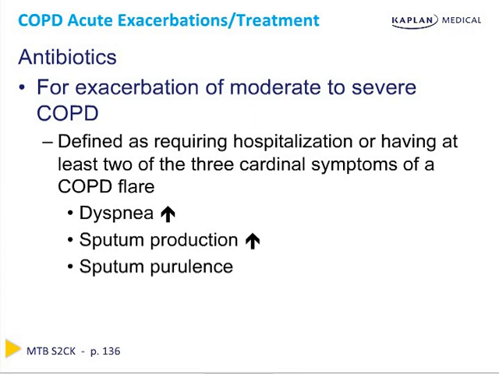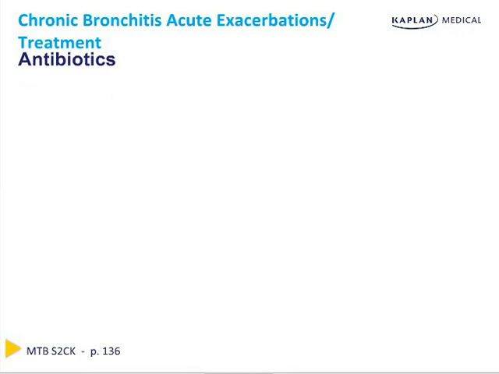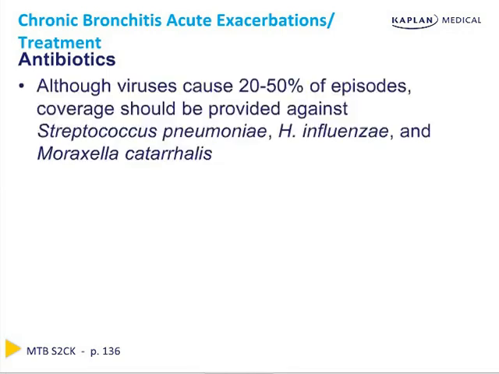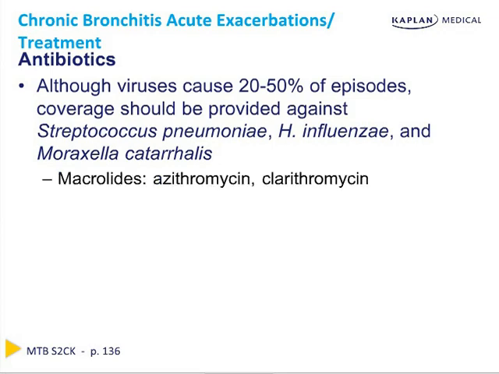So, for any of these indications, you're going to use antibiotics to treat the COPD flare. In terms of which antibiotics to choose, we must remember that while viruses cause 20 to 50% of episodes of COPD flares, our antibiotic coverage should be targeted against strep pneumo, H. flu, and moraxella, these being the three most common bacterial pathogens to cause a COPD flare.